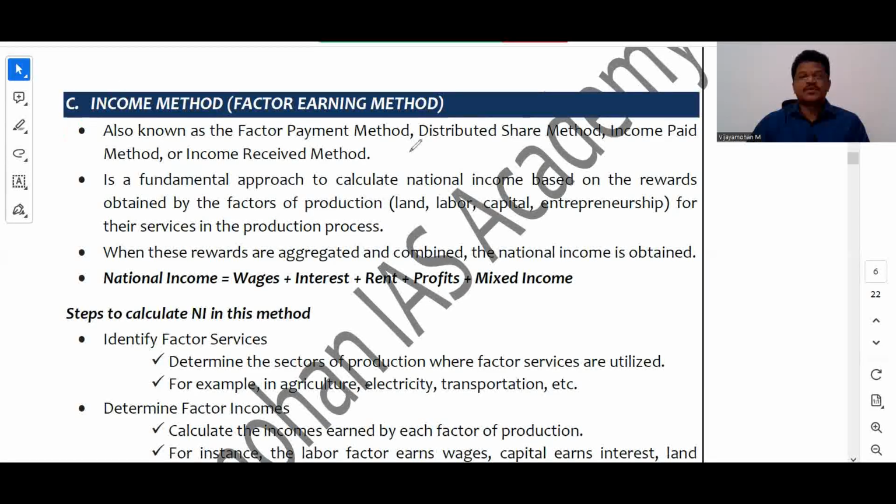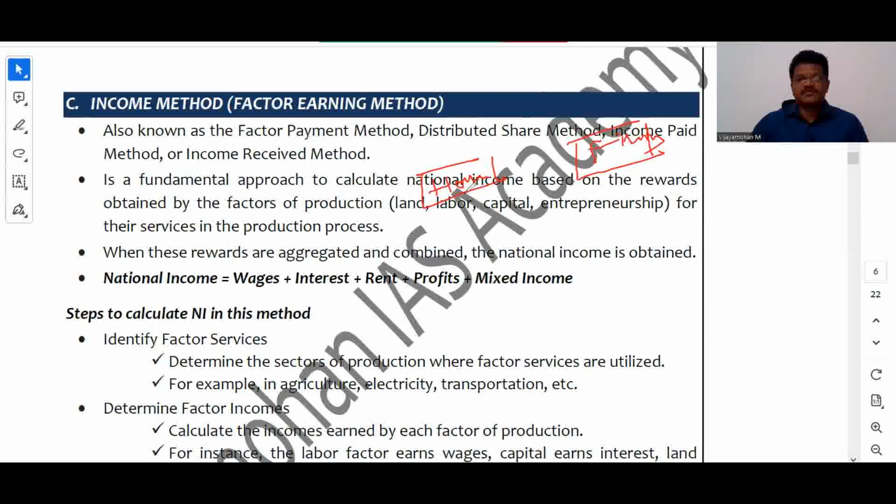But before going further with these two methods, I just wanted to remind you about the circular flow of income, where only two entities are involved: households and firms, right?